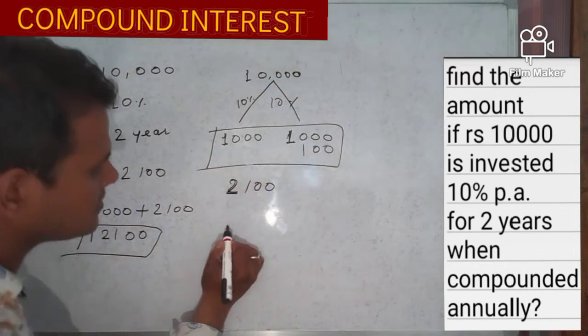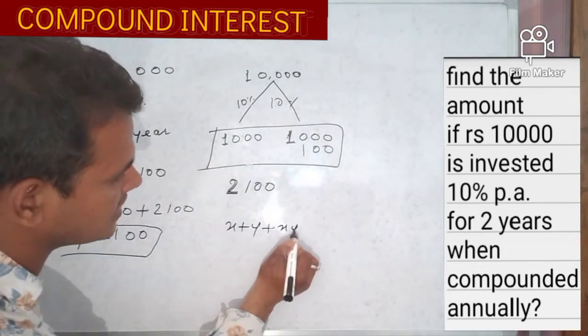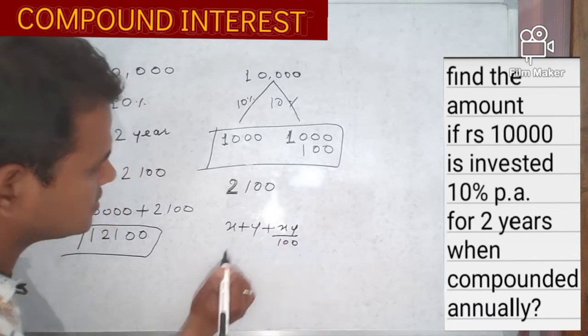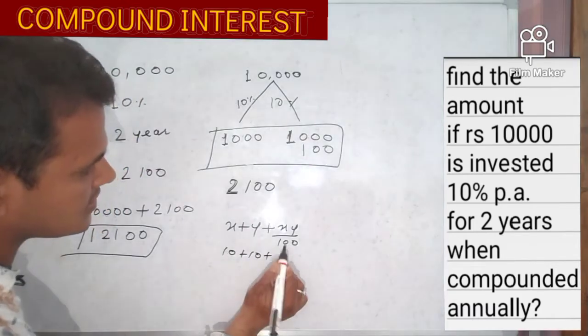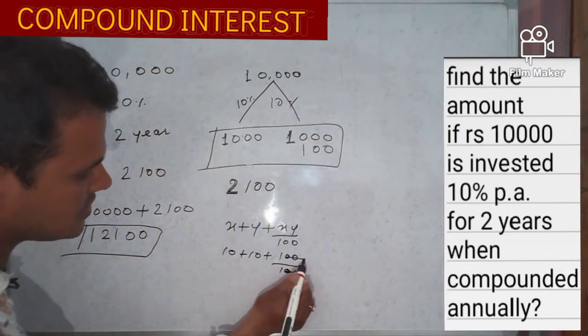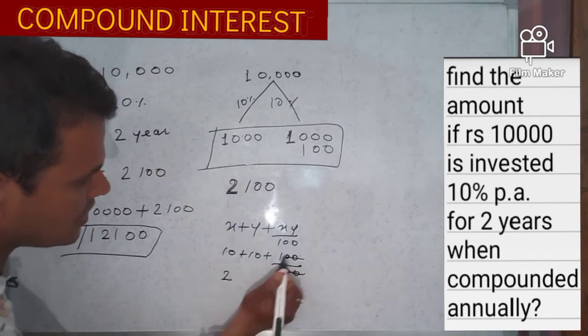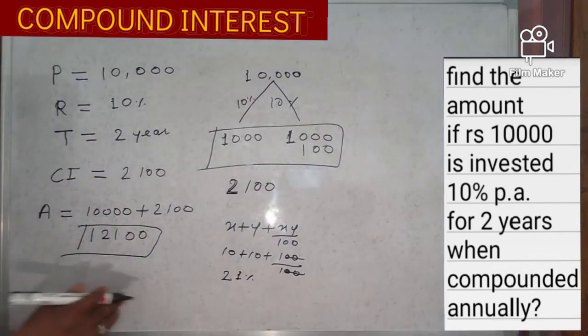We can solve like this: x plus y plus xy by 100. So x is 10 plus 10 plus 10 into 10, which is 100, by 100. So 0, 0 cancel, 10 plus 10 is 20, plus 1 is 21%. So the rate of interest is 21%.